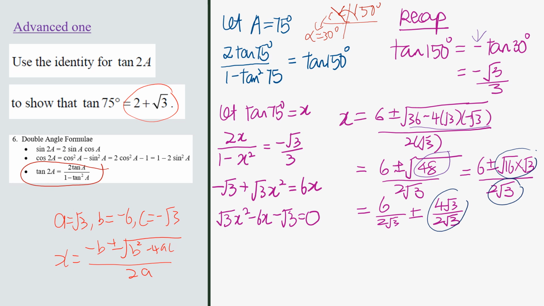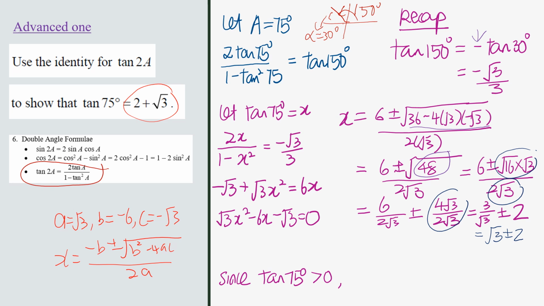Again, you can further simplify it into 3 over square root 3 plus minus 2, and 3 over square root 3 you can rationalize by multiplying with square root 3 over square root 3 to get just square root 3. This will give you square root 3 plus minus 2.